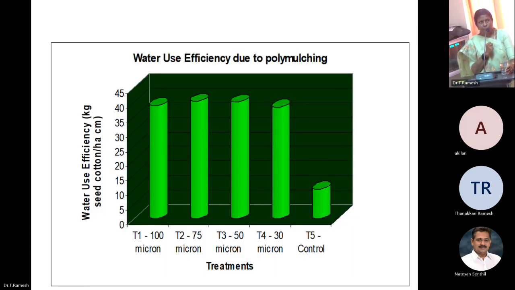So I have also given the use efficiency earlier, but that was for the Bt cotton, the high yielding Bt cotton. This is normal LRA, an old variety. Even for LRA, the control is only one-fourth, whereas we got 4 times more with the polyethylene mulching.